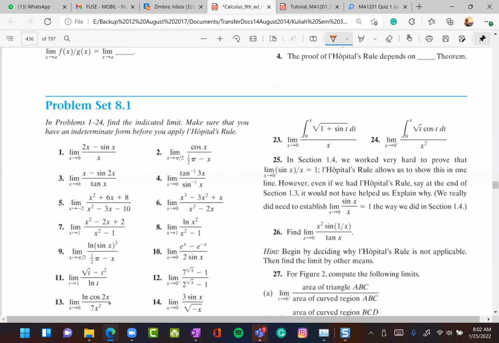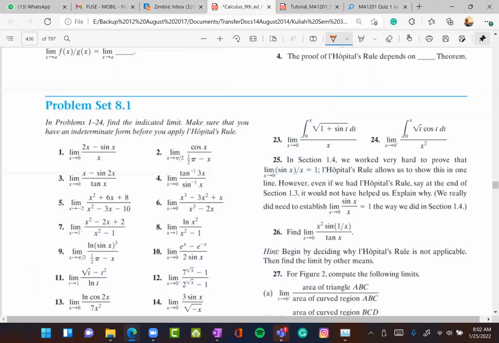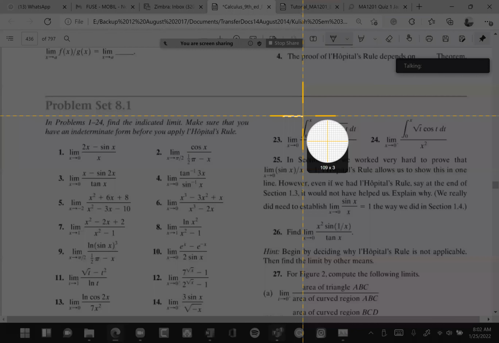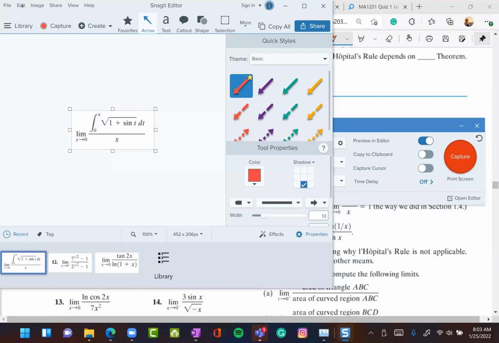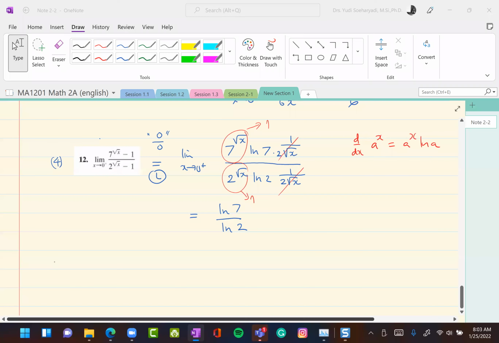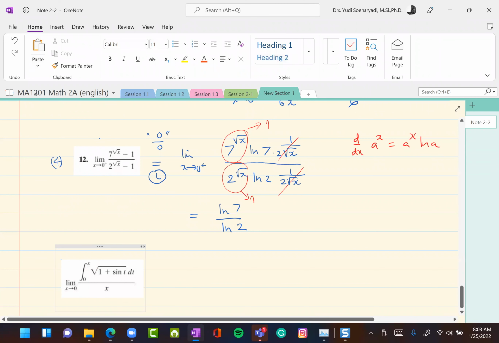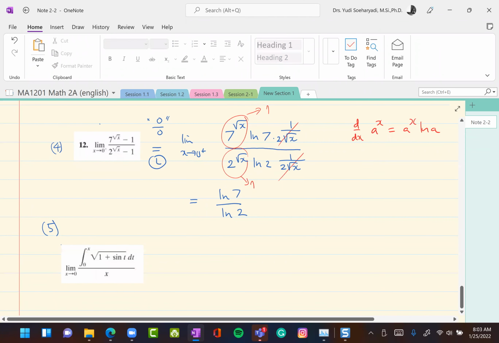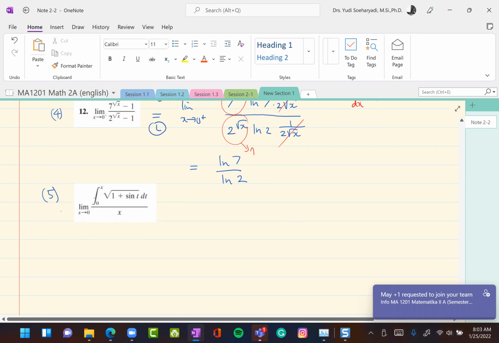All right, one more example, 23. See, if you plug in 0, you get the integral from 0 to 0, then that's 0.